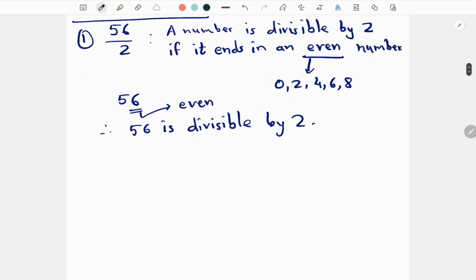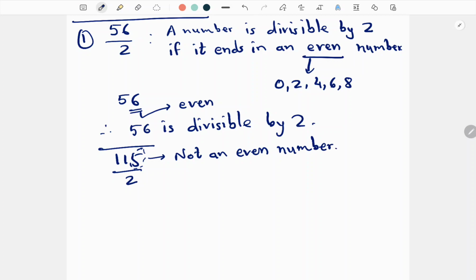Let's take an example of something that is not divisible by 2. Suppose 115 divided by 2. This number ends in a 5, which is not an even number. So 115 is not divisible by 2.